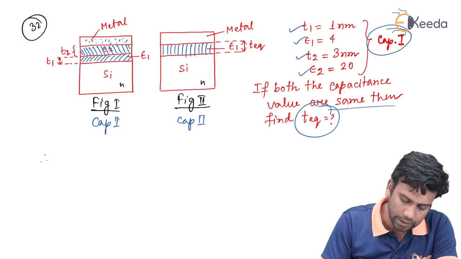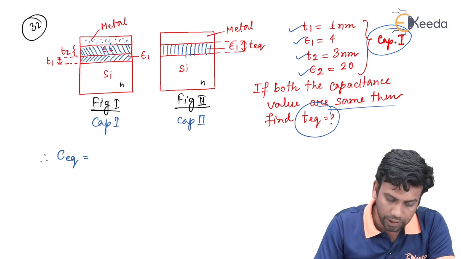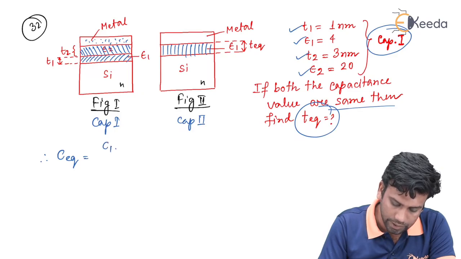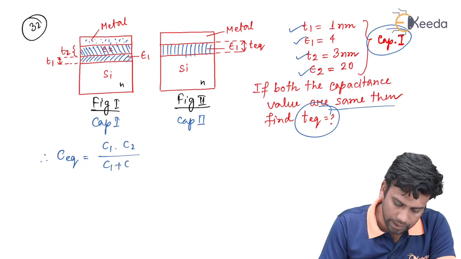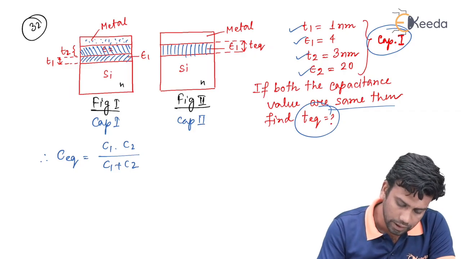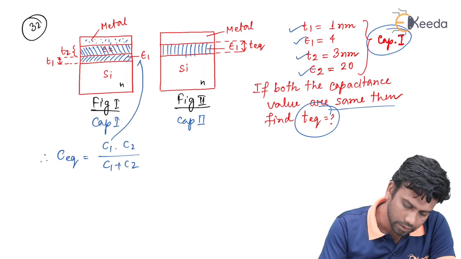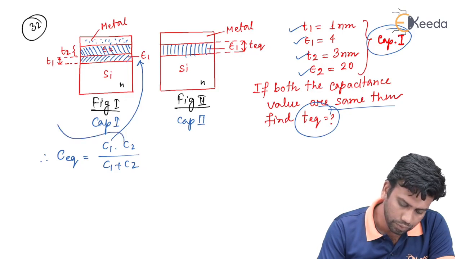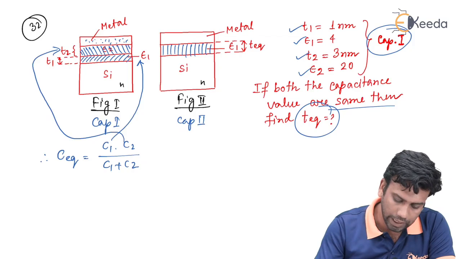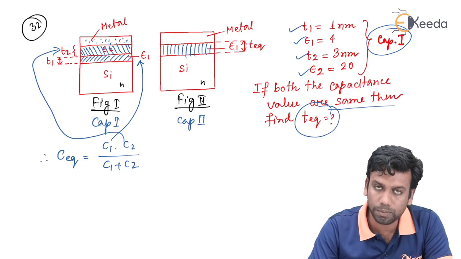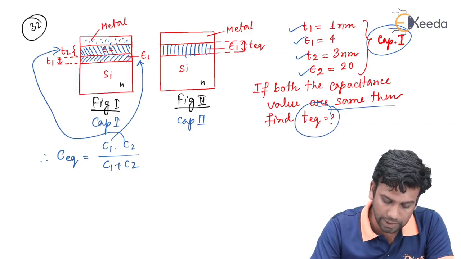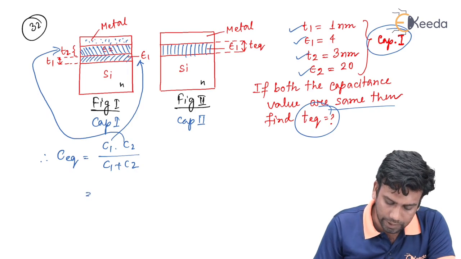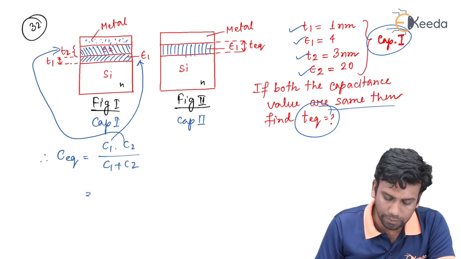So the equivalent capacitance in figure 1 will be C1 C2 divided by C1 plus C2, where C1 is due to the dielectric epsilon 1 and C2 is the capacitance of epsilon 2, and both of them are in series.